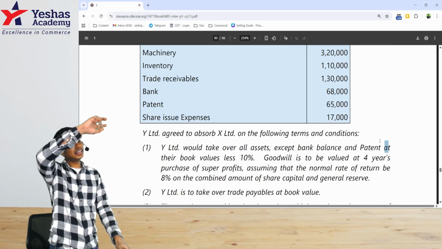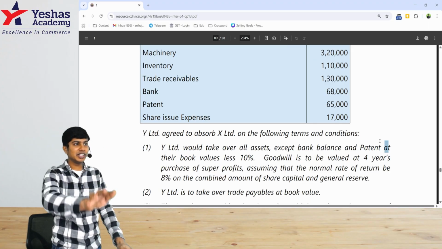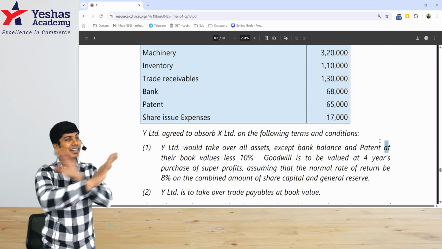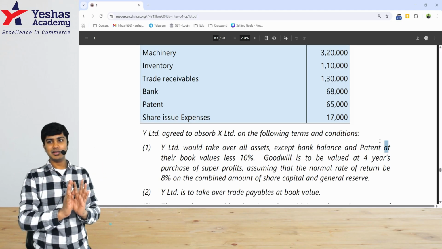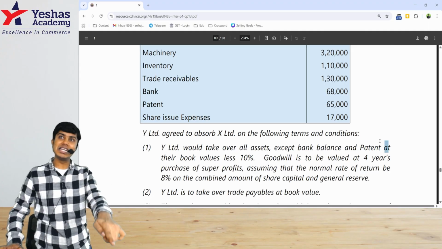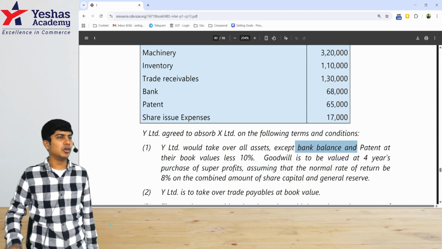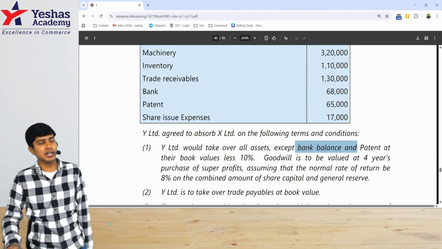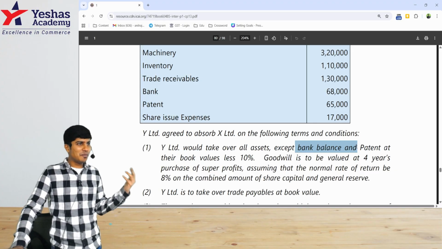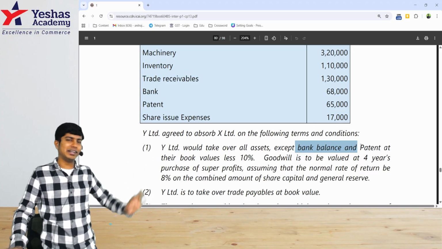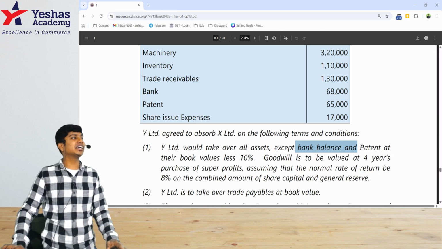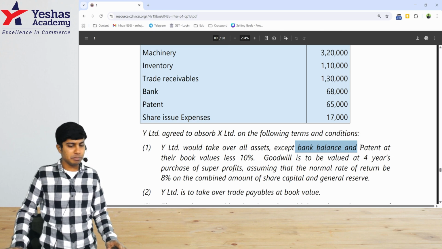All assets except bank and patent are taken over at book value less 10%. Patent is not taken over at all. I'll tell you why it is still correct without that comma. You cannot say, no, I'll take over the bank balance at 10% less book value. Your bank balance is 1 lakh, give it to me, I'll give you 90,000. Who accepts that? So the basic understanding here is bank and patent are not taken over. Other assets are taken over at book value less 10%.